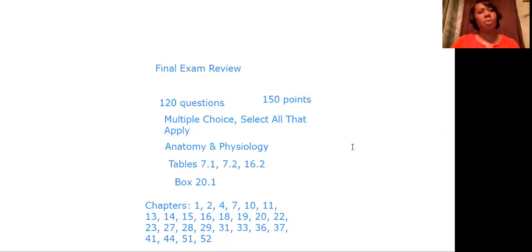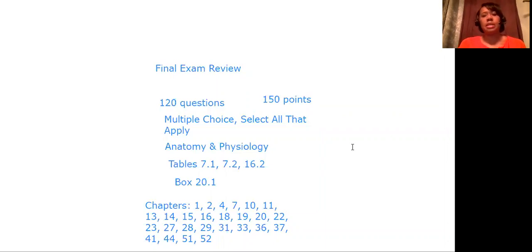I think it's 10.1 or 10.2. I can't remember exactly, but there's a table that covers all the different hypersensitivity types and kind of breaks down each one. So if you need an additional table for chapter 10, which I don't feel that you do need one because I think the PowerPoint has enough information, but if you feel like you need something extra, the textbook has a table as well for chapter 10.